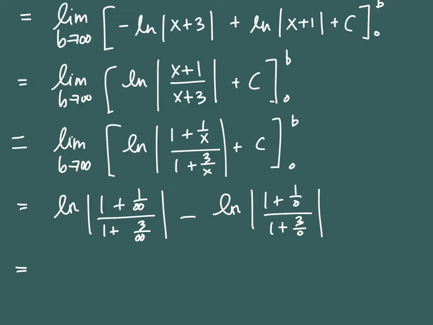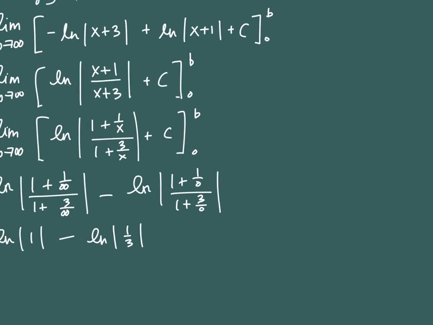All right, this one turns out to be the natural log of 1. This one turns out to be the natural log of 1/3. 1 over 0 and 3. It's 1/3. Let me show you.